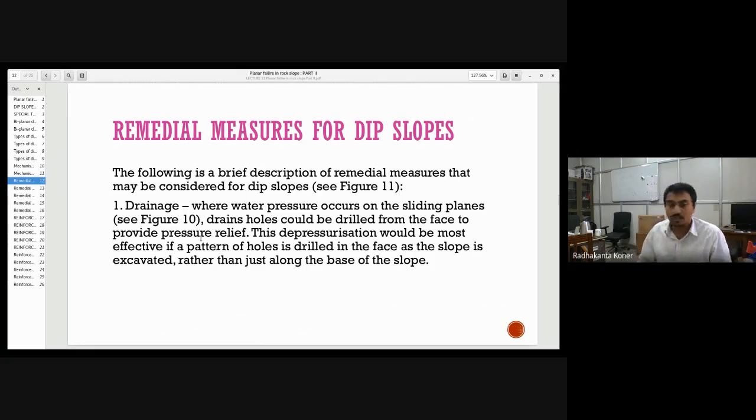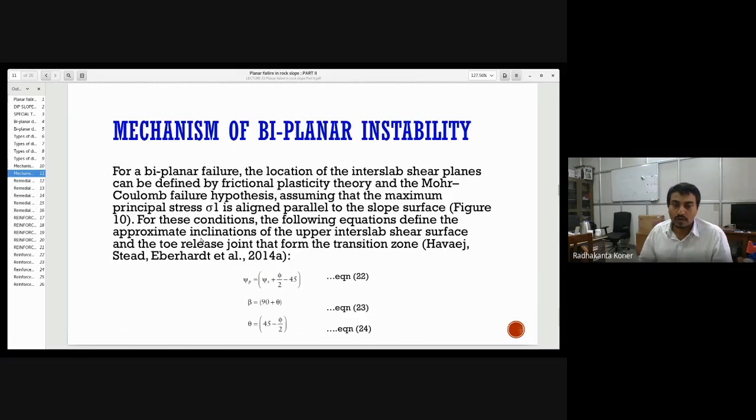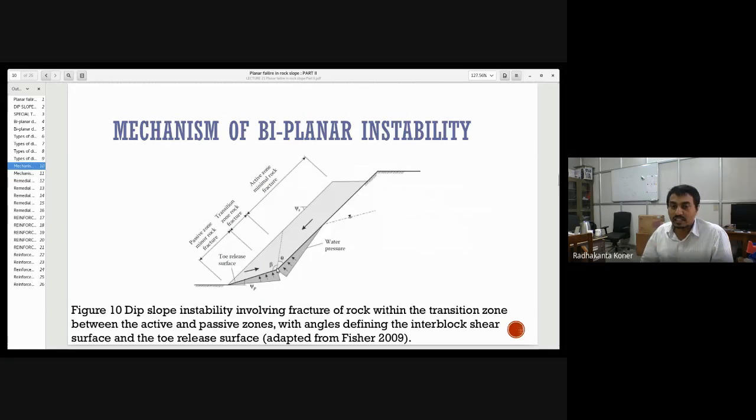So we have to align the drill hole and drainage in such a way that water gets a path to travel and be exposed to the atmospheric pressure, because it is in a high pressure zone and that is a low pressure zone, so water will automatically come out if sufficient drain arrangement is there.